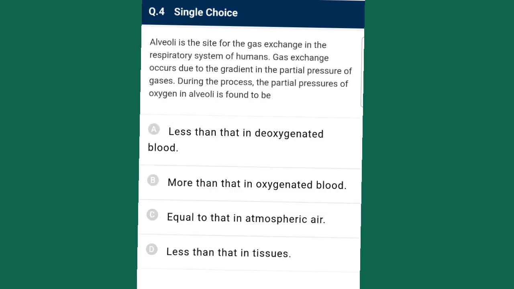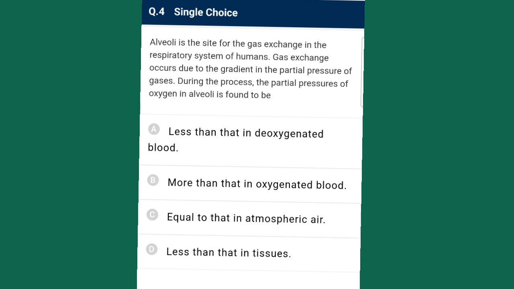Question number 4. Alveoli are the site for gaseous exchange in the respiratory system of humans. Gas exchange occurs due to the gradient in the partial pressure of gases during the process. The partial pressure of oxygen in alveoli is found to be. The pressure exerted by a particular gas in a mixture of gases is called partial pressure.